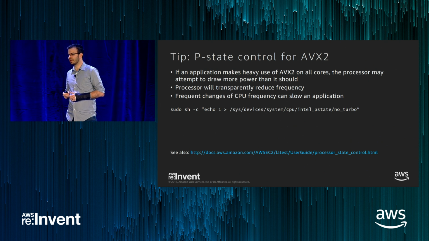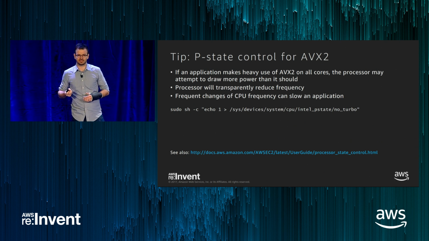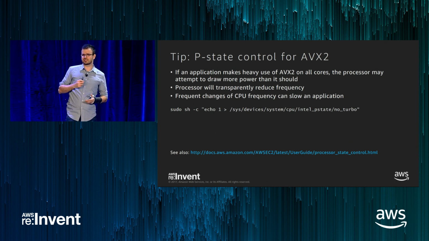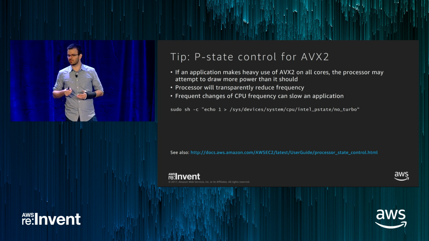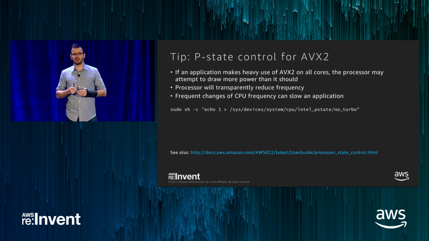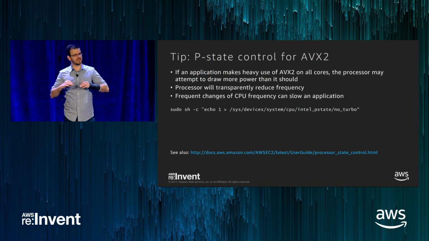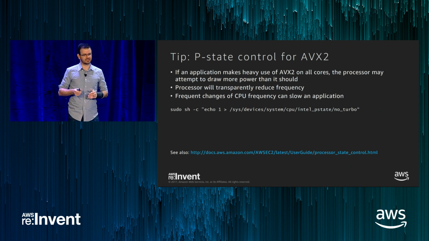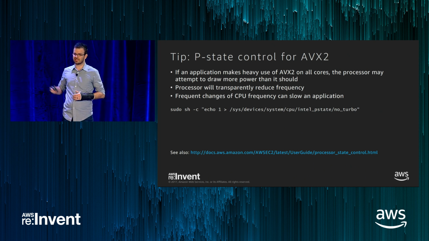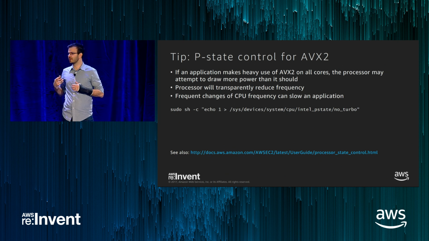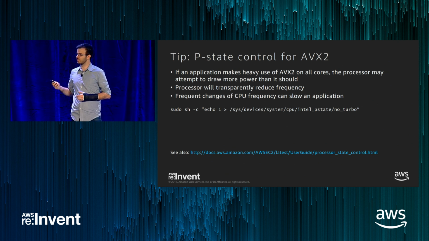The other option that you have is adjusting P state on a few of the instances. Now, P state is similar to C states in some ways, but what P state does is define a consistent baseline that you want your cores to be at. So this is a good example: let's say you wanted all of the cores on your processor to operate at the same frequency all the time.